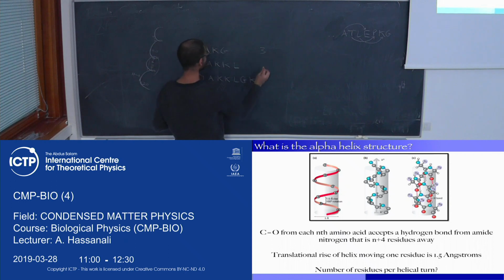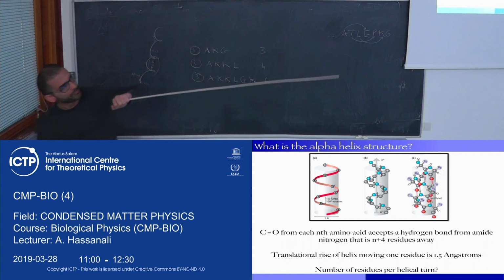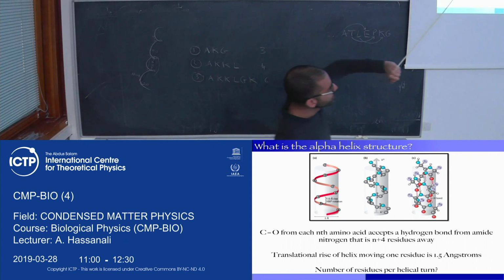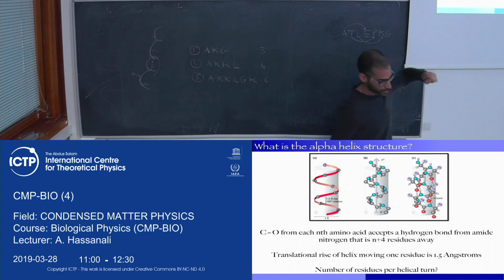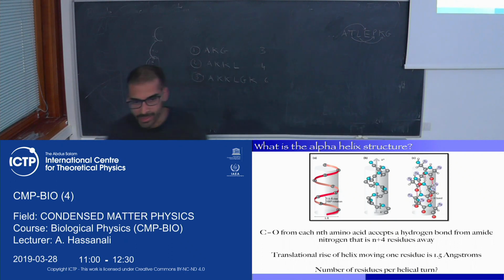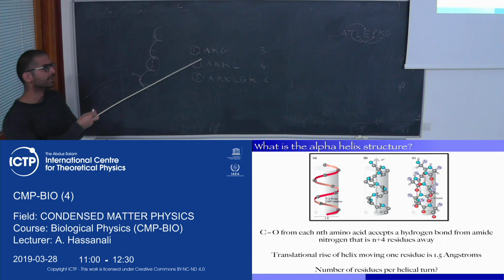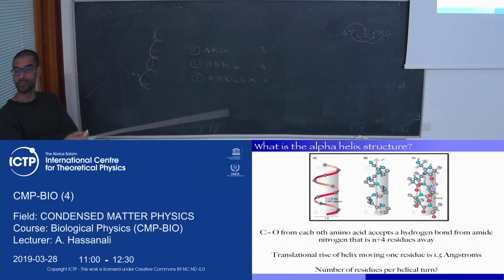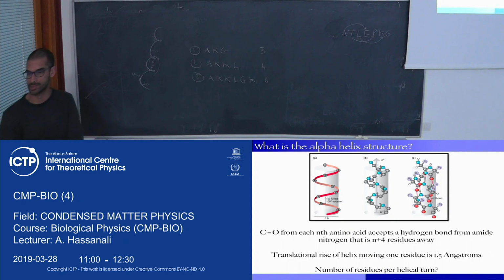This is made up of 3 amino acids, 4 and 6. Knowing what I just told you, we should be able to say something about the stability of forming an alpha helical structure in these 3 different sequences.